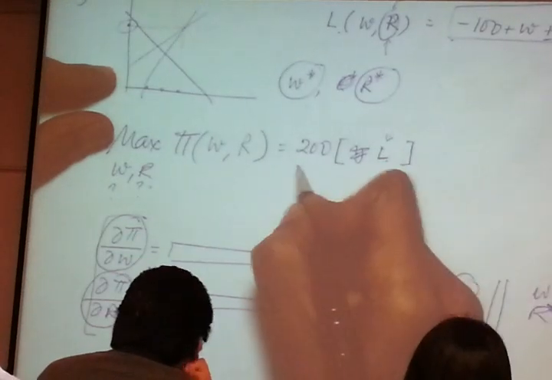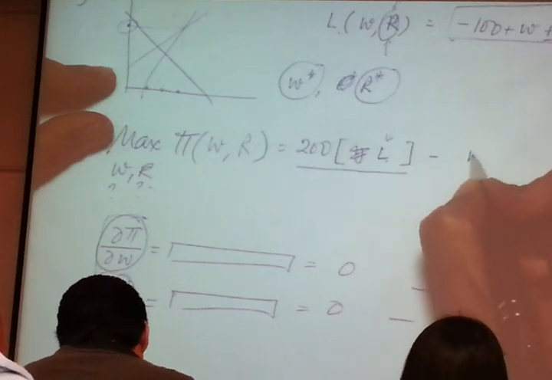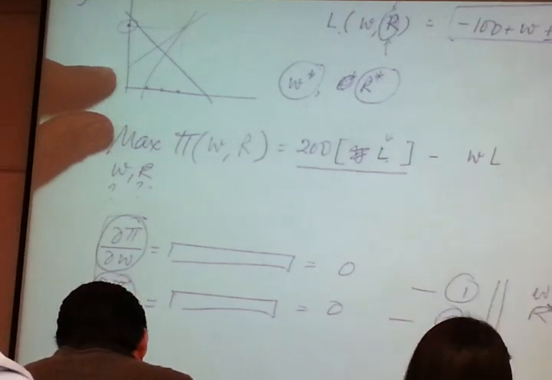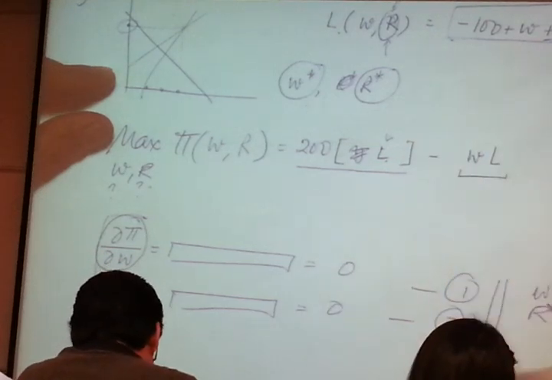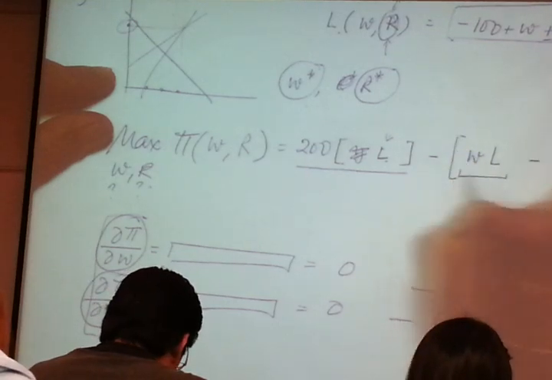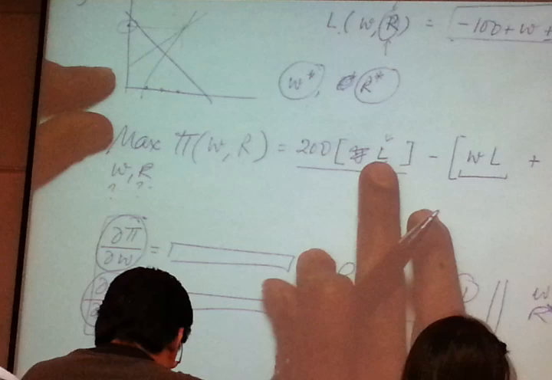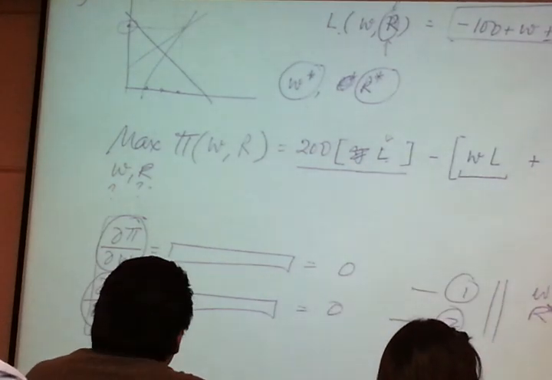200 times L, this is my revenue in terms of labor, minus W times L. This is the cost of hiring L units of labor, minus, don't forget this, R. This is the expenditure of hiring L units of labor. This is crucial.